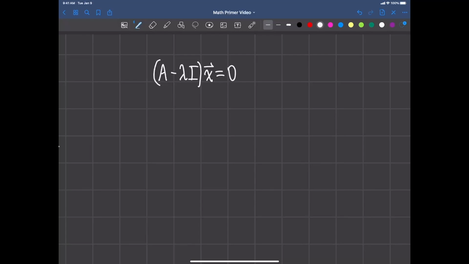To solve, we use elementary row operations to get it into row echelon form. And I'll discuss what row echelon form is in a bit. We will sometimes have to choose values for the components of the eigenvectors. The solution of this equation gives us only the form of the eigenvector. Any scalar multiple of the answer is also an eigenvector.